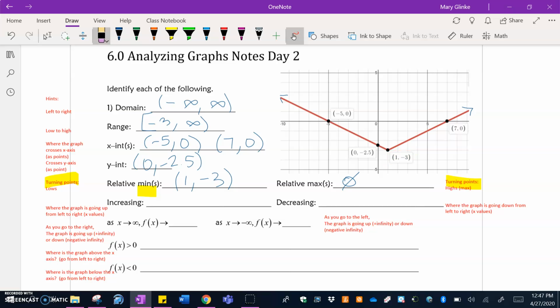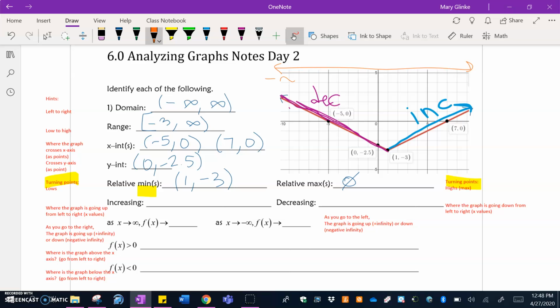For increasing and decreasing, I'm going to trace my graph from left to right. So I start at the left. I notice that my graph here is going down first. It is decreasing. And then at this turning point, my graph starts to increase. So I'm going to look from left to right.